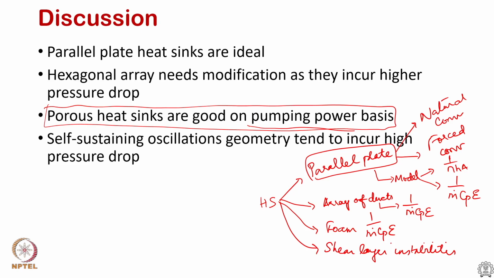After that, we moved towards the next module, which discussed enhancement. How do I assess if I were to come up with a heat sink or heat exchanger? How do I know whether what I am coming up with is going to be better than what exists in terms of a smooth structure?